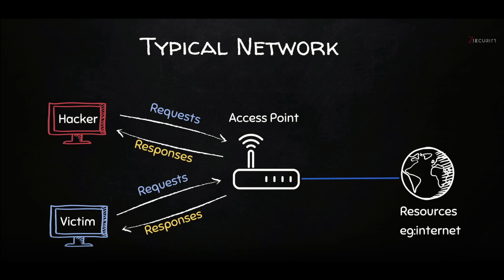This is the situation before the ARP spoofing. Whether it is you or the victim, the communication would be like you sending a request to the router and it will give you a response. Or whether it's the victim asking a request to the hotspot or the router, it will give the response.